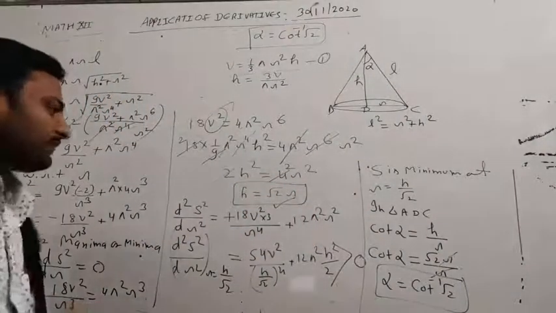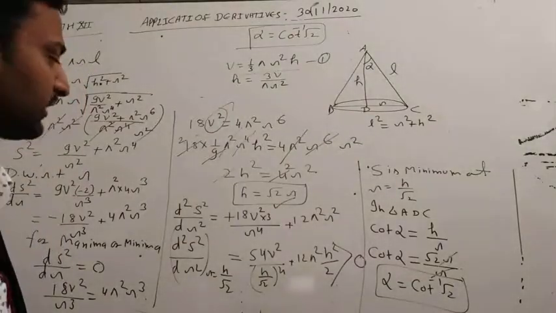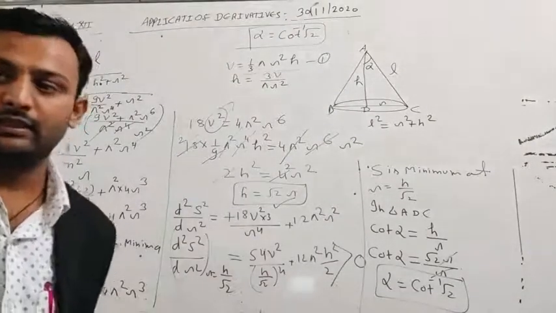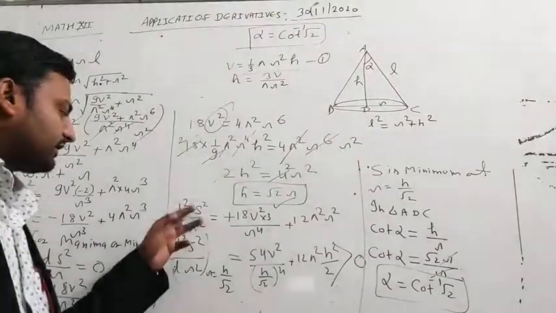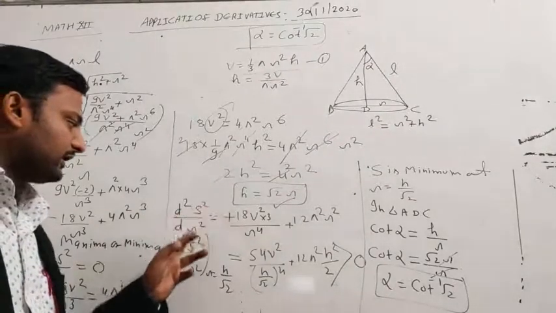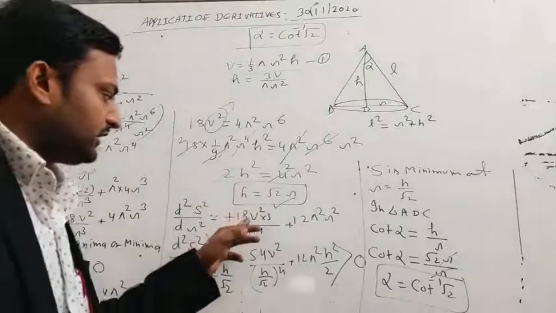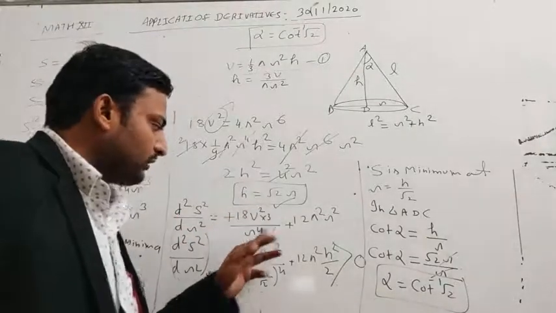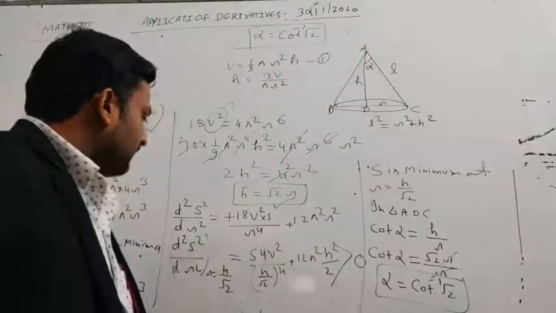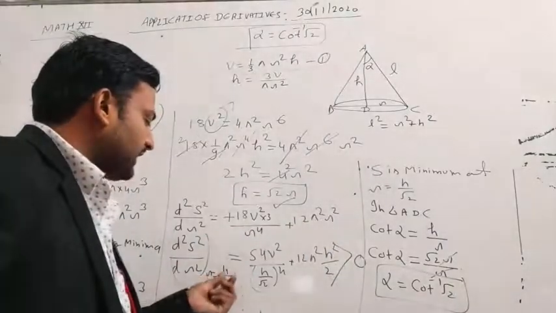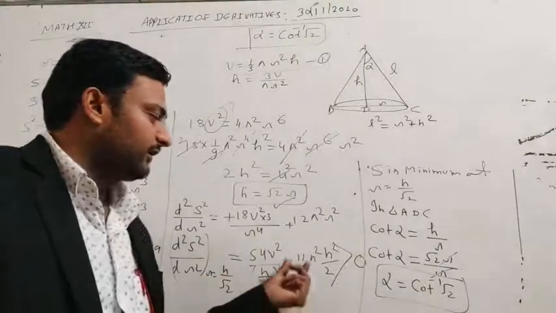Okay, now to minimize the surface area, we will again differentiate with respect to r. So we are seeing that our d2S square by dr2 is positive: 18v square into 3 by r to the power 4 plus 12 pi square r square, and when we put the value of r is h by root 2 here, we are getting everything positive.